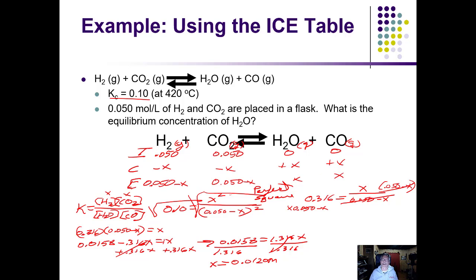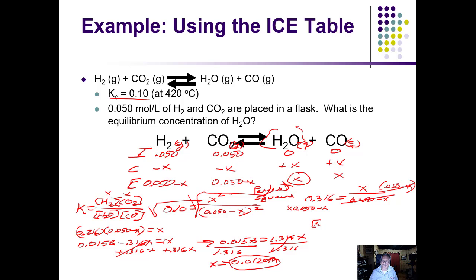And what it wanted to know was the concentration of water vapor. And since the concentration at equilibrium of water vapor is x, then that's going to be the concentration. Just as an aside, if they wanted to know what the concentration of H2 and CO2 were, all you'd have to do is subtract x from the original concentration. So let's go ahead and do that.